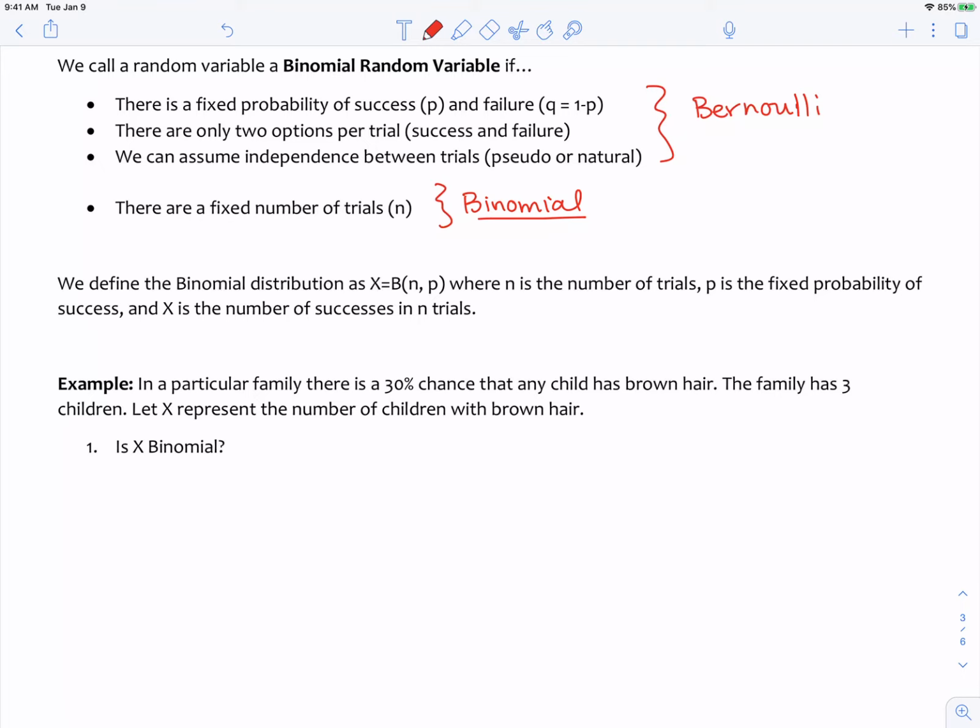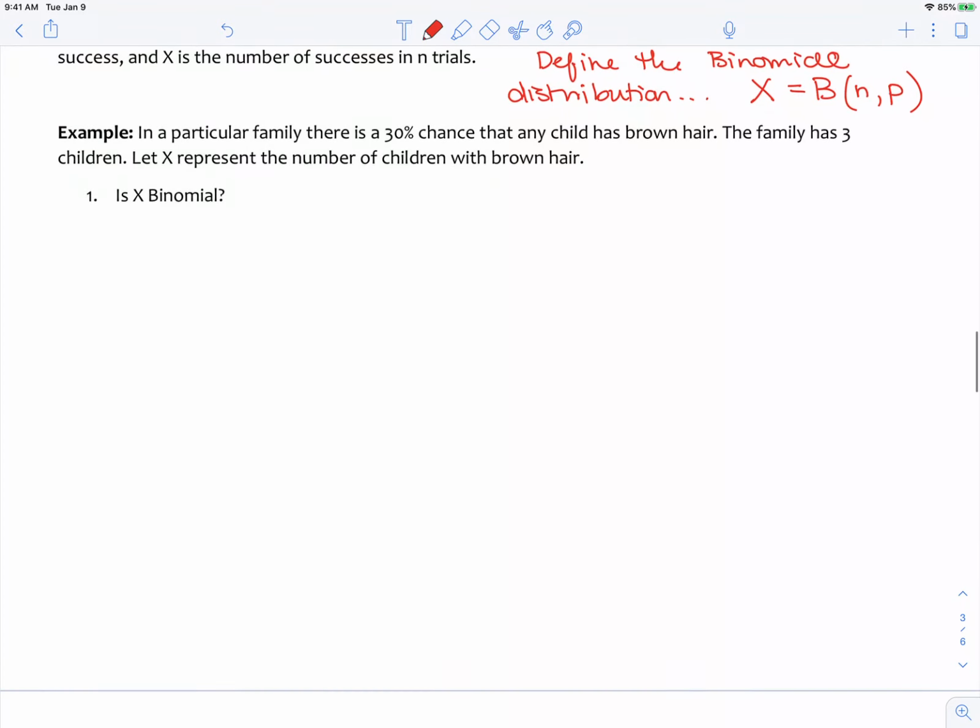So if you're ever asked to define the binomial distribution, what that means is to give the label X, set it equal to the B, which means binomial, and then give the value of the number of trials or sample size and the probability of success p. All right, so let's take a look at another example.